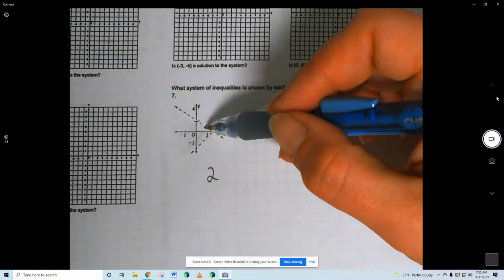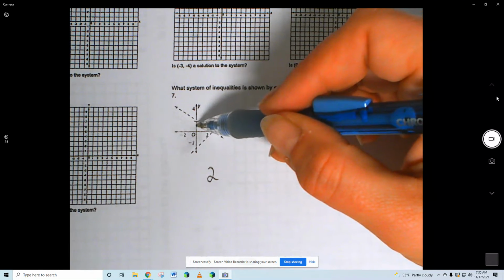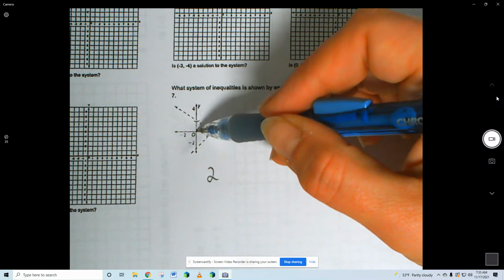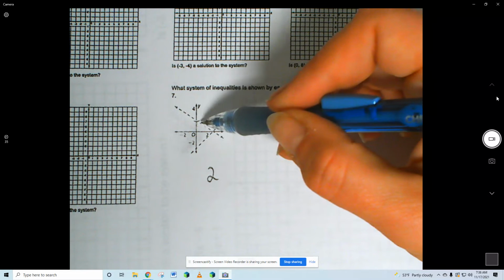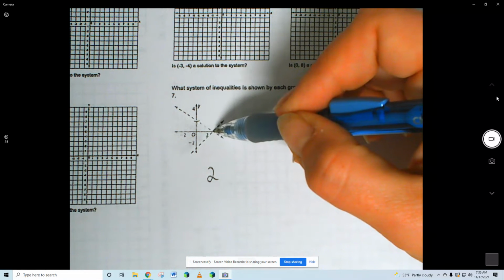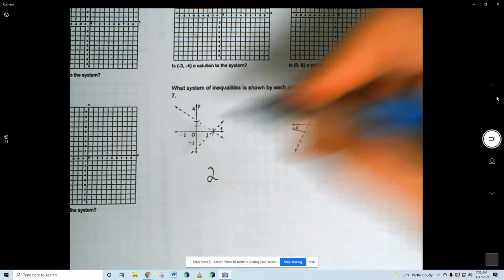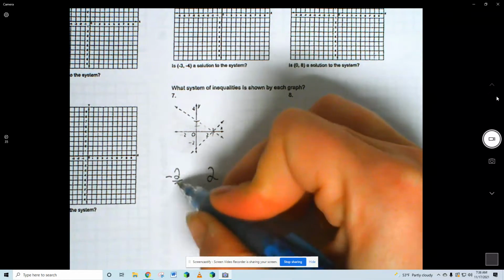And my slope would be down 2 over 3, actually. Negative 2/3 x.